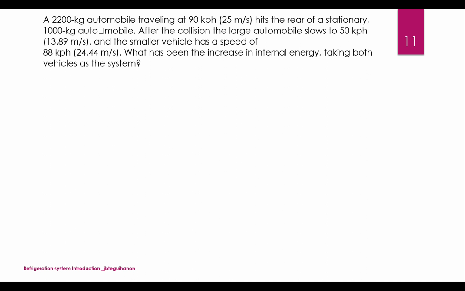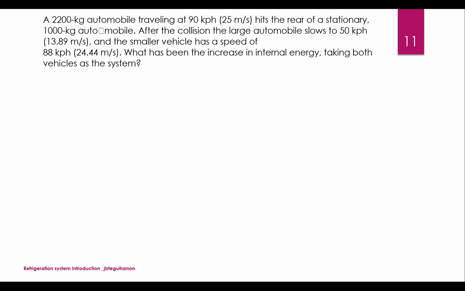If you convert it to meter per second, that is 25 meter per second, hits the rear of a stationary 1,000 kilogram automobile. So it hit another automobile which is stationary, with a mass of 1,000 kilogram or kg.